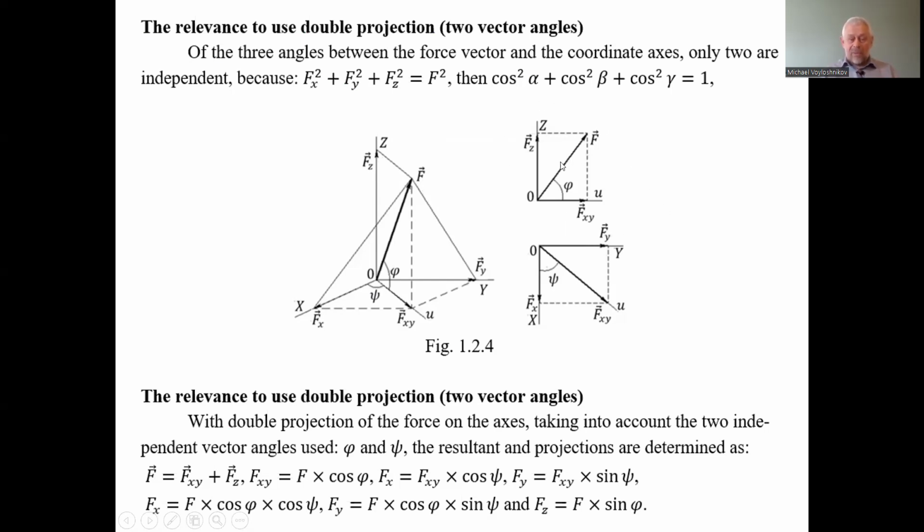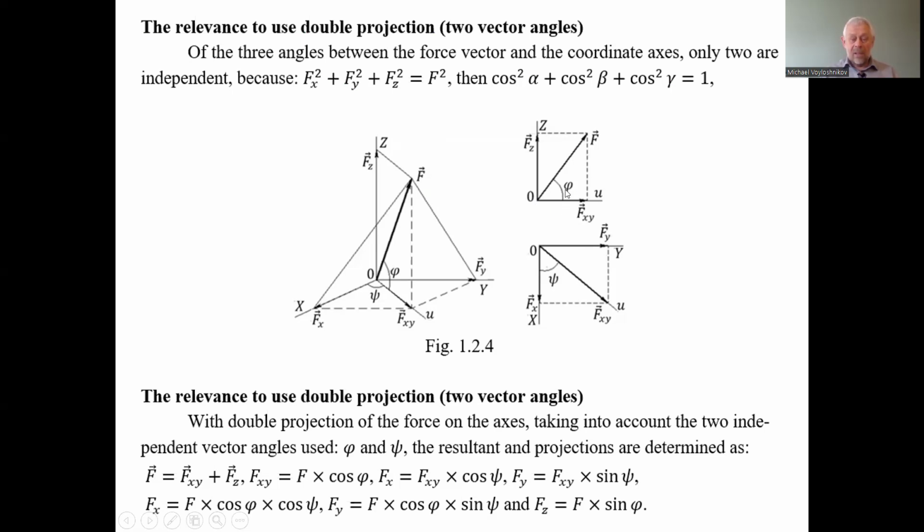So we can find first the projection Fz of the force F on the axis z as the product of the force magnitude and the sine of the angle phi. This we can see here: Fz is equal to F multiplied by the sine of phi. And as well, we can find the horizontal leg 0Fxy.